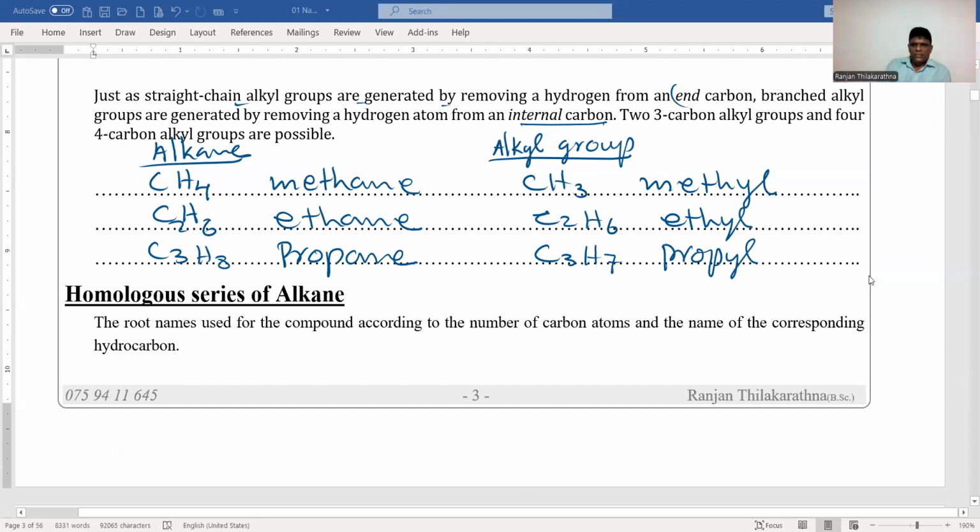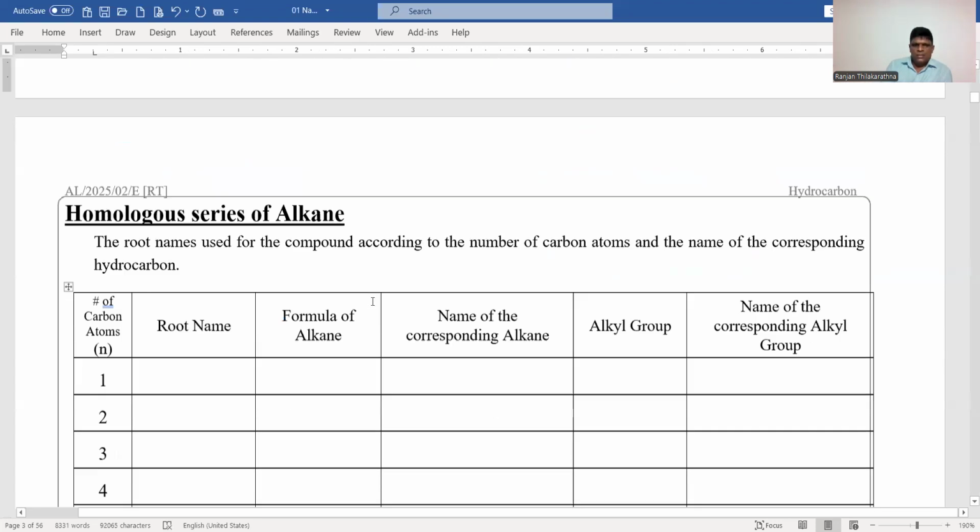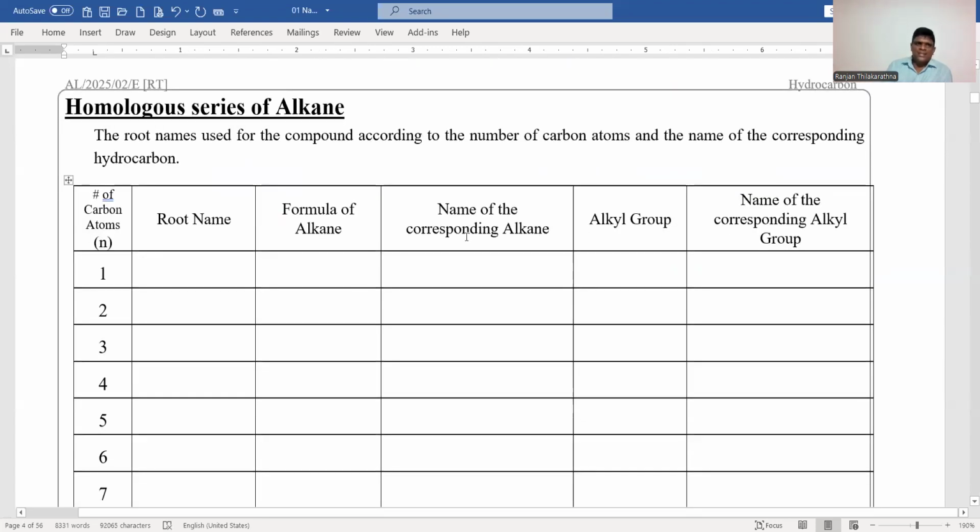Then we need to know the homologous series in organic chemistry. This one is known as the homologous series. What does the homologous series really mean? The root names used for the compound, according to the number of carbon atoms, and the name of the corresponding hydrocarbon are given in the homologous series.